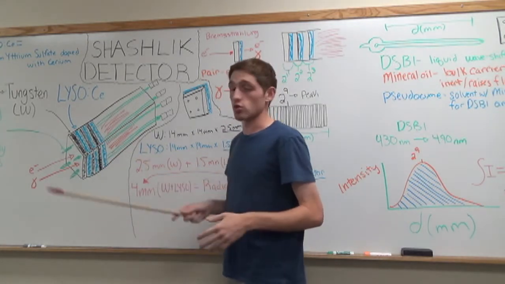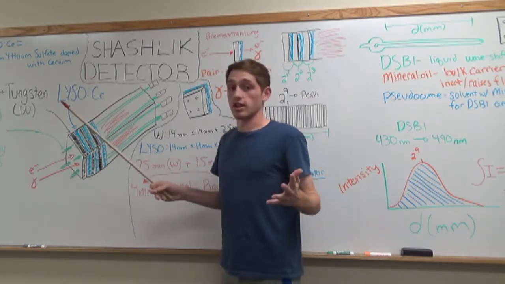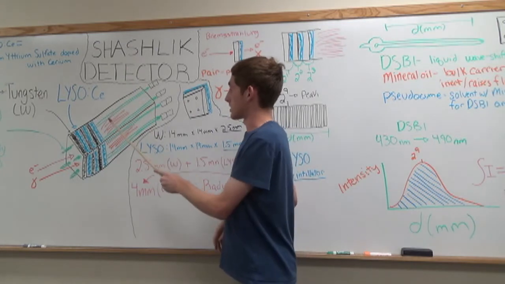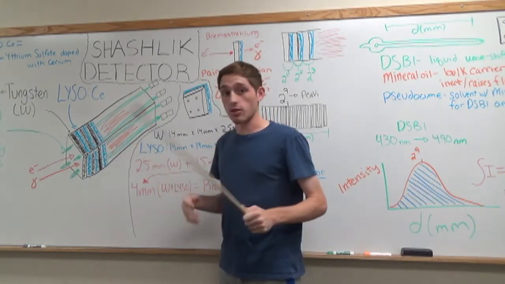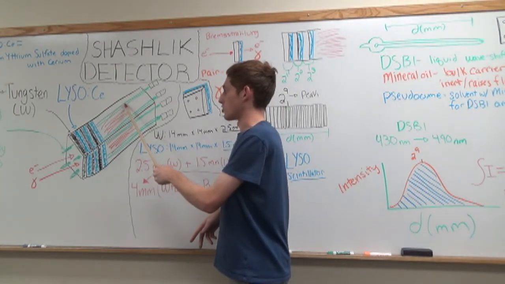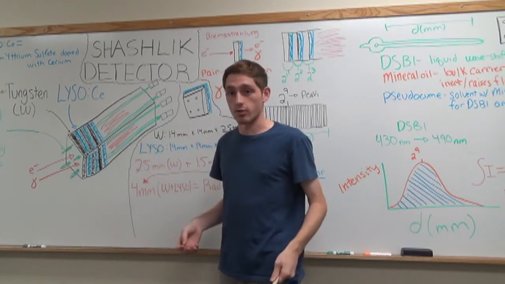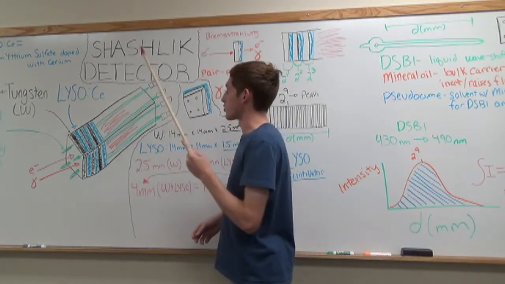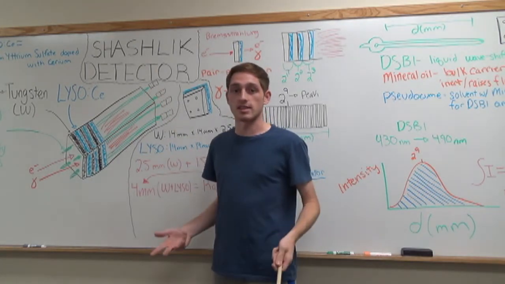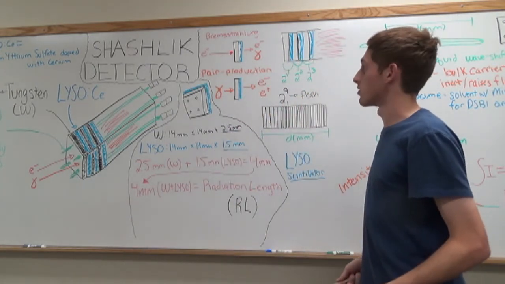The lyso crystals will read the light and will scintillate. The scintillation and the light coming from it will hit the capillary tubes, and it will wave shift into 490 nanometers, which will traverse to photosensors, where we can read the intensity of the light and get the energy of the particle.